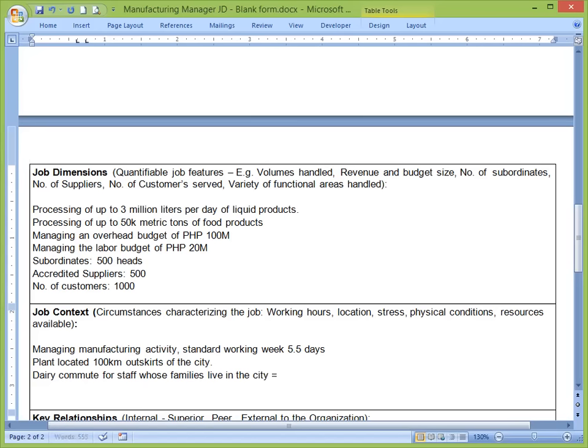So we will just specify here 3 hours each way. 2 hours one way going to work, another 2 hours coming from work, 4 hours wasted in the traffic.